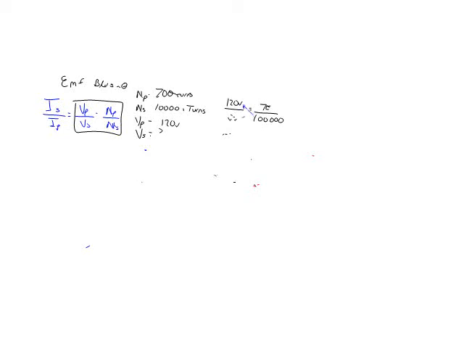Crisscross applesauce. 120 volts times 100,000 equals 700 VS. The only reason you can do this is because of the equal sign. If it was added or subtracted there, you would not be able to do that. All right, so this will be 120 times 100,000 over 700. I know you guys know how to do this. I just want to put it out there just in case.